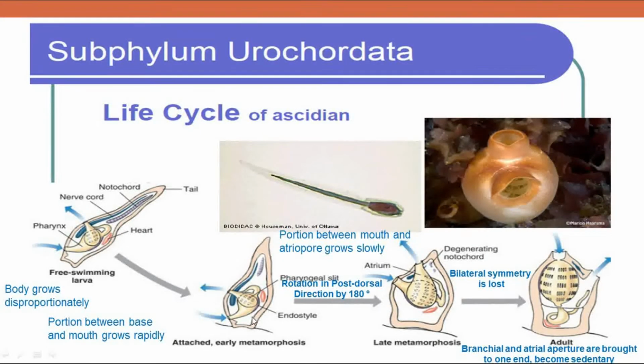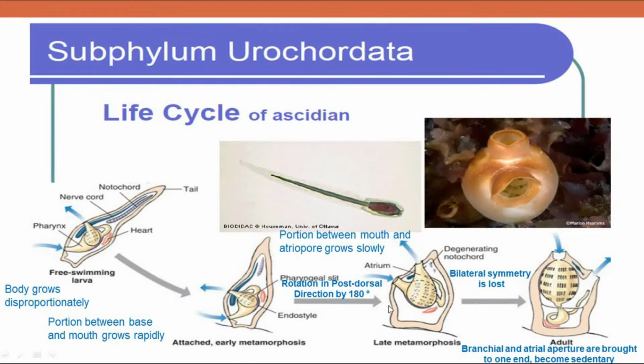So the total body grows disproportionately with more growth between the base and mouth and less growth between the mouth and atriopore. The total body will rotate in post-dorsal direction by 180 degrees because of this disproportionate growth.